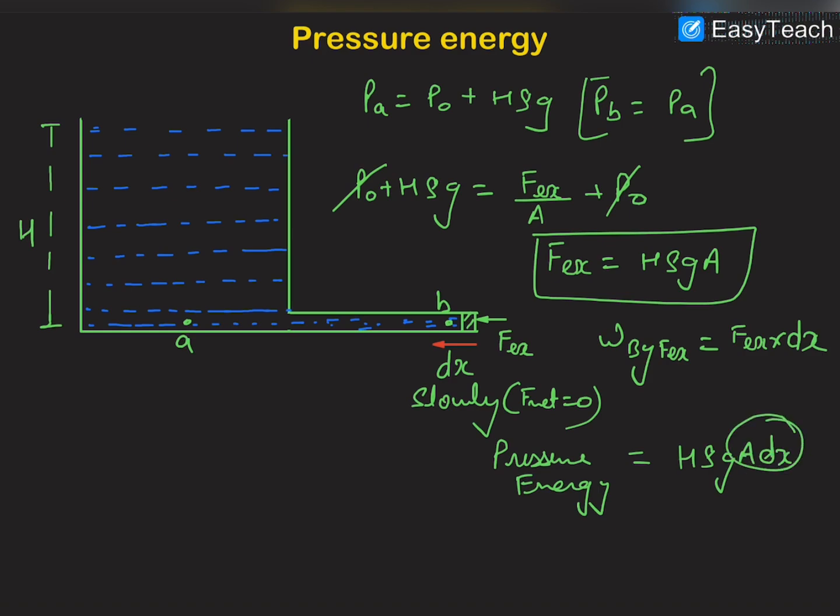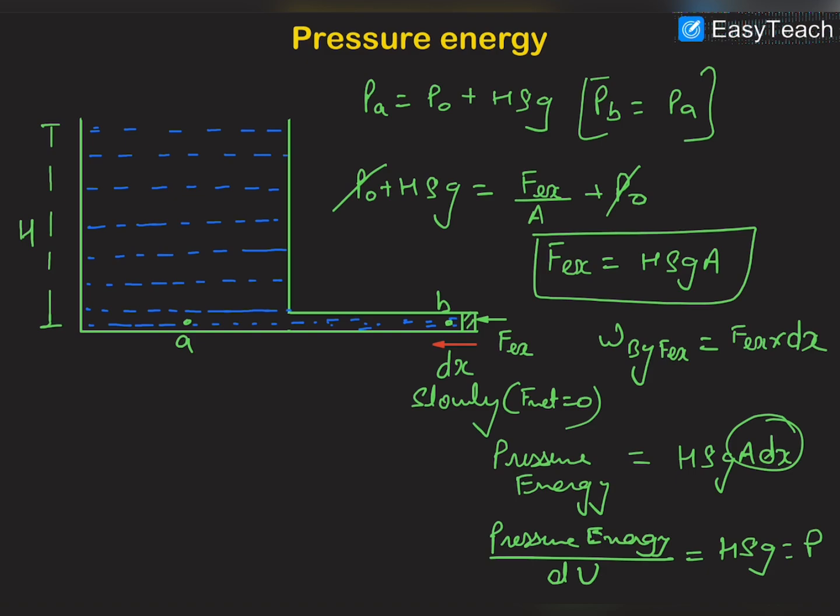Now A dx is the volume, so this pressure energy per unit volume dV is h rho g, and it is numerically equal to the pressure.